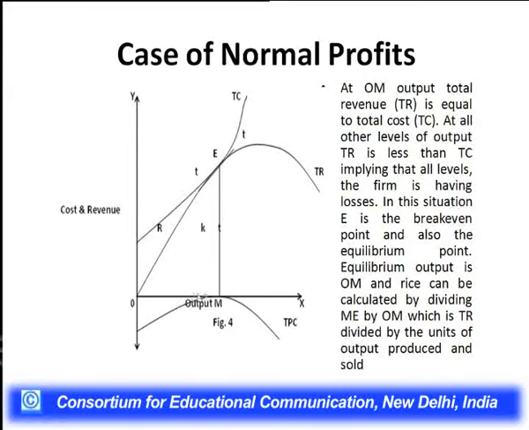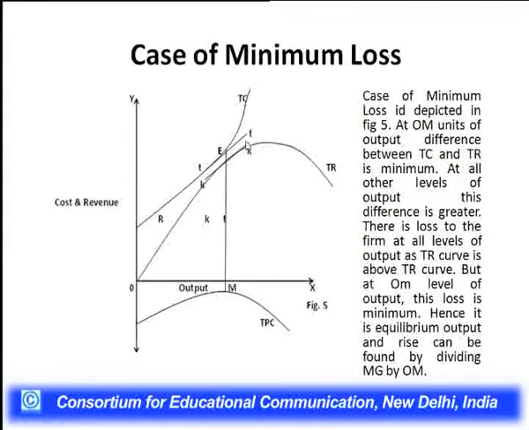So OM output will be produced in this case, and AR or price can be found out by dividing the total revenue, which is ME here, by the output sold, OM. So in this case the firm is getting only normal profits, and at all other levels of output we find that total cost is greater than TR, or there are losses to the firm.